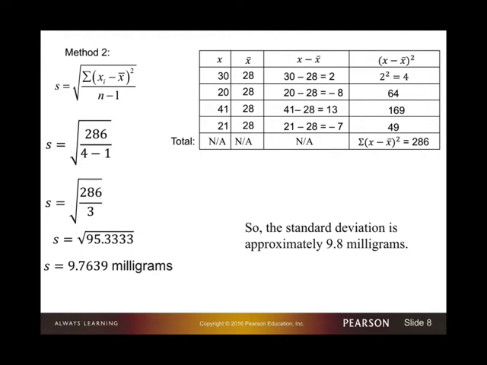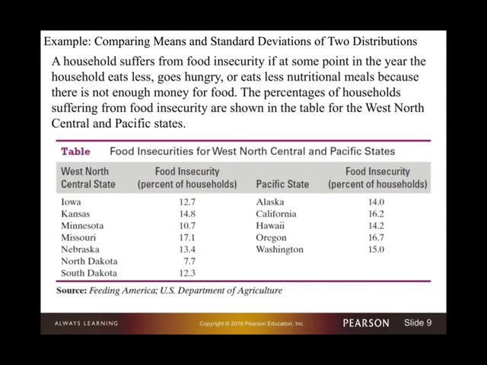Next example: comparing means and standard deviations of 2 distributions. A household suffers from food insecurity if at some point in the year the household eats less, goes hungry, or eats less nutritional meals because there is not enough money for food.